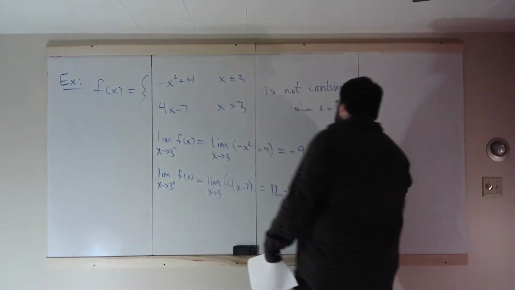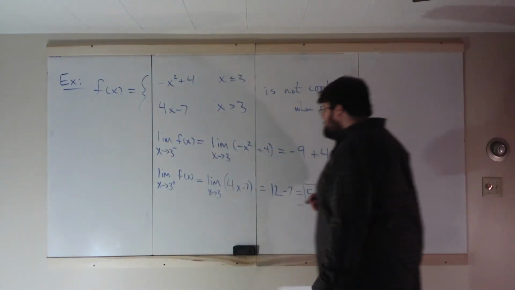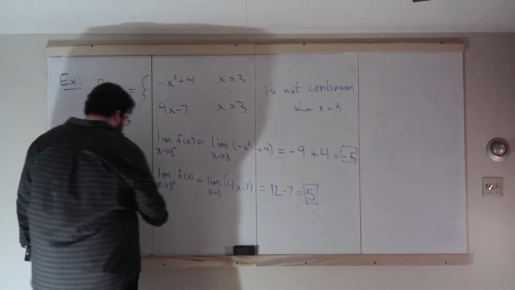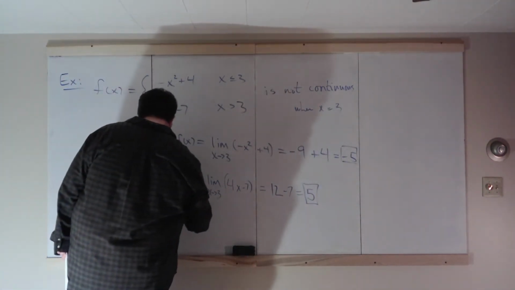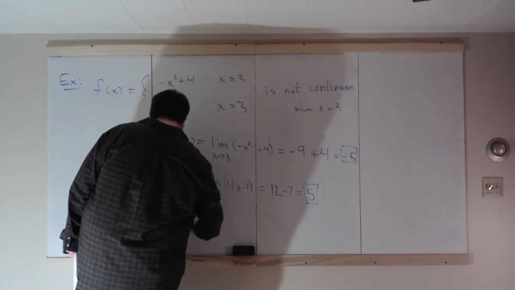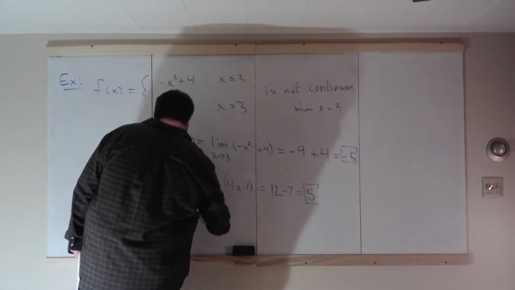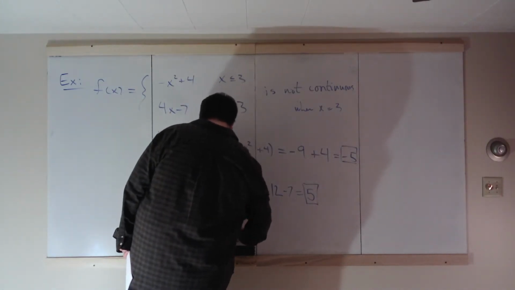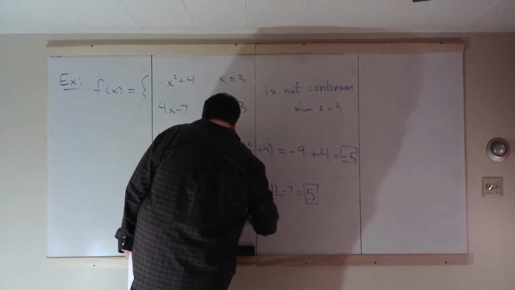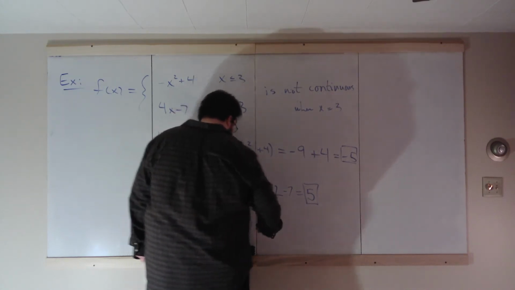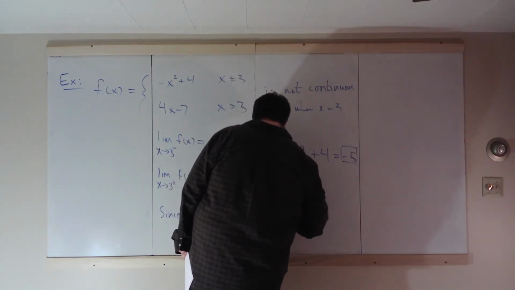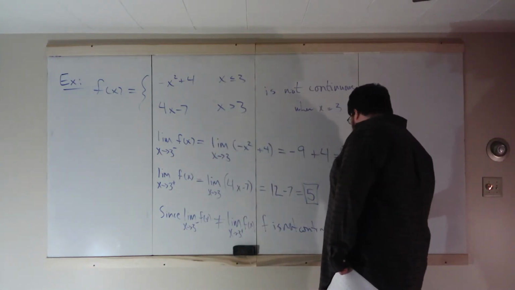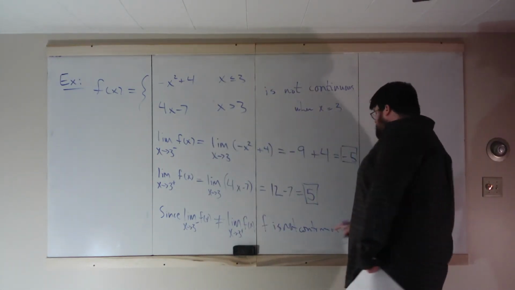And I'll just say down here, since limit on the left of 3 of f of x does not equal limit on the right of 3 of f of x, f is not continuous at x equals 3.